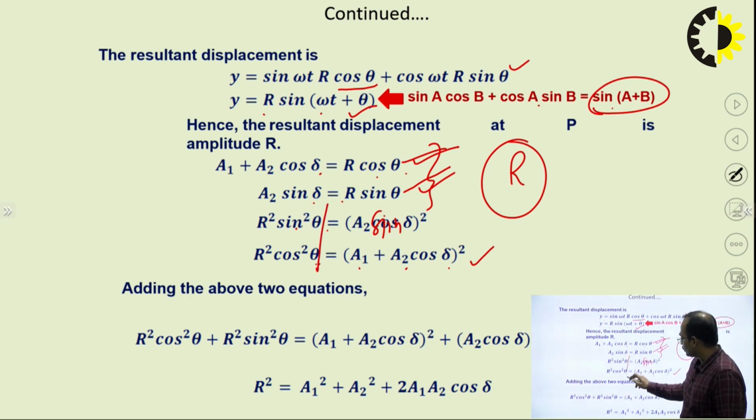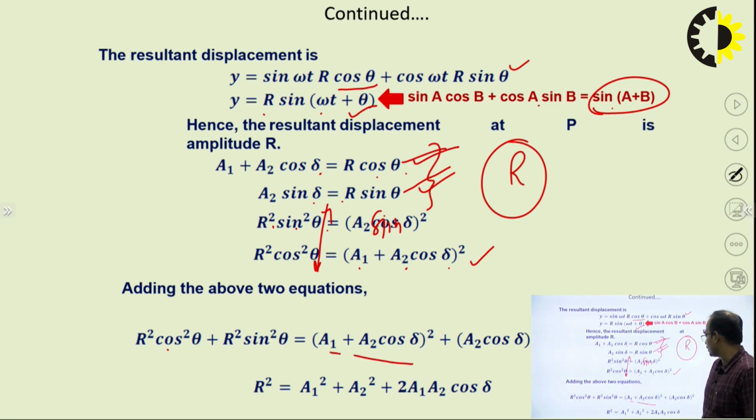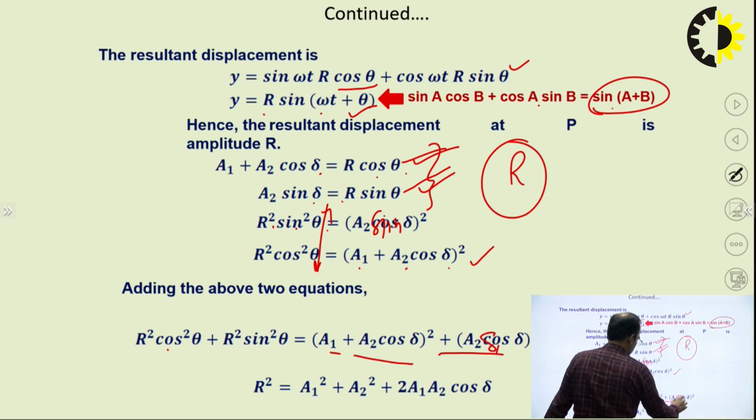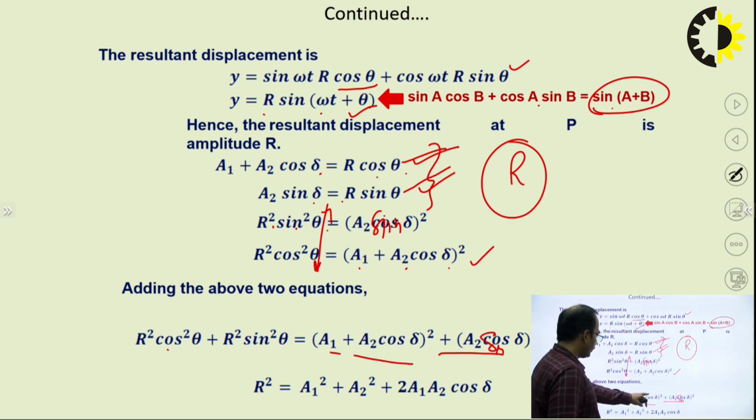By adding these two, using the formula sin square theta plus cos square theta is 1, what will you get? R square cos square theta plus R square sin square theta is equal to (A1 plus A2 cos delta) square plus A2 sin delta square. This is sin, not cos.